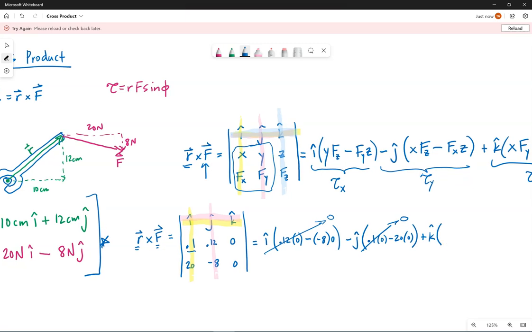Now the z component, crossing out the top row and the last column, that leaves me with these four numbers uncovered. Starting with the top left, 0.1, I multiply by its diagonal. And then I subtract the other two numbers, 0.12 times 20.